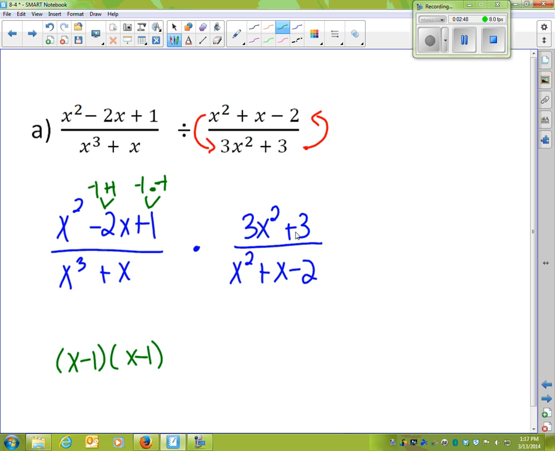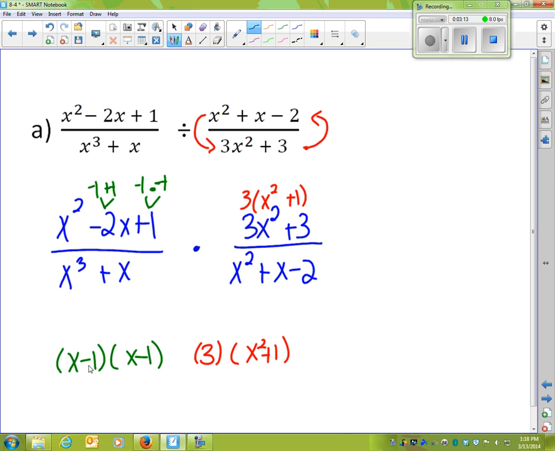The second numerator, 3x squared plus 3, I can pull out the 3. That's my GCF. Dividing each of these by 3 leaves me with x squared plus 1. So that goes here with my numerator, 3 times x squared plus 1.